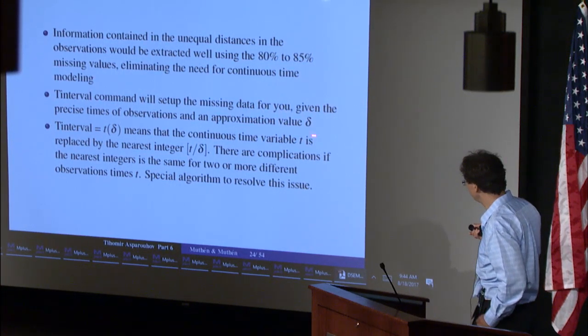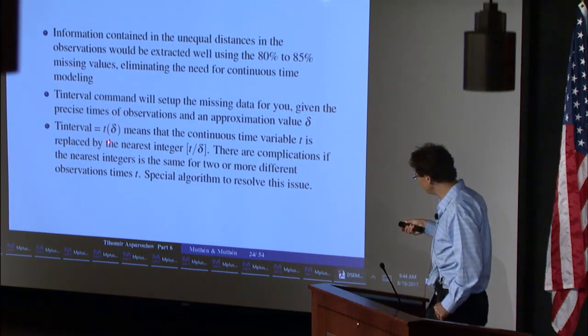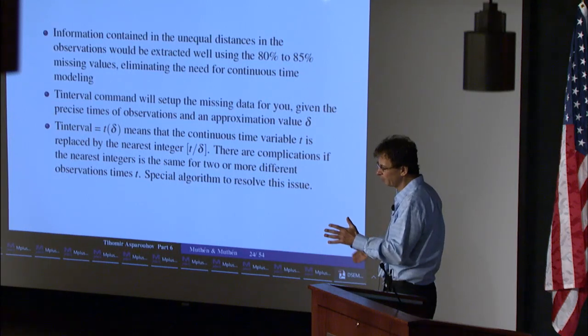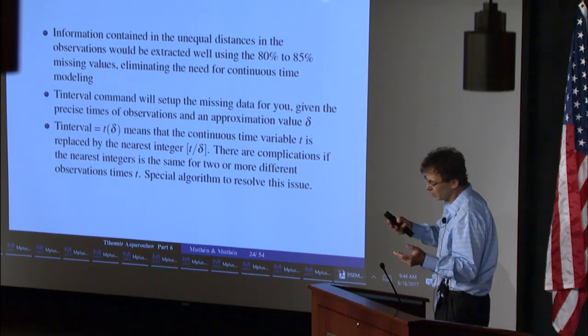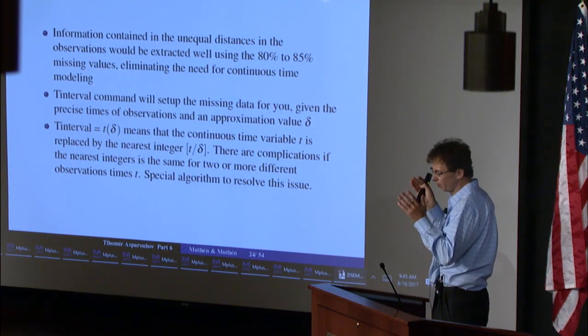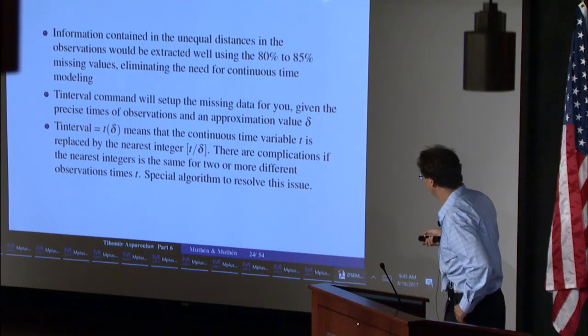The t-interval command is based on this value, which I call delta here, and it's basically the segment that you want your grid to be based on, which will be either an hour or a day or a week or some kind of interval where you have one observation. That's the goal, to have one observation in that delta value.